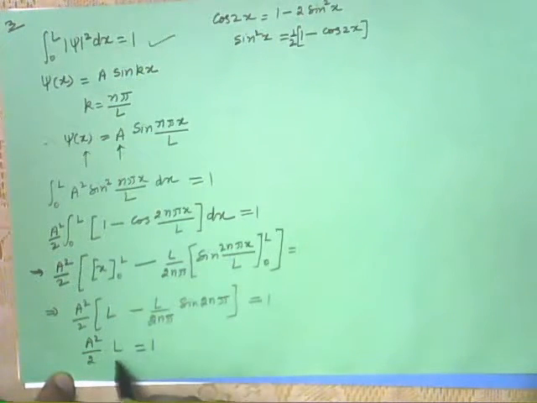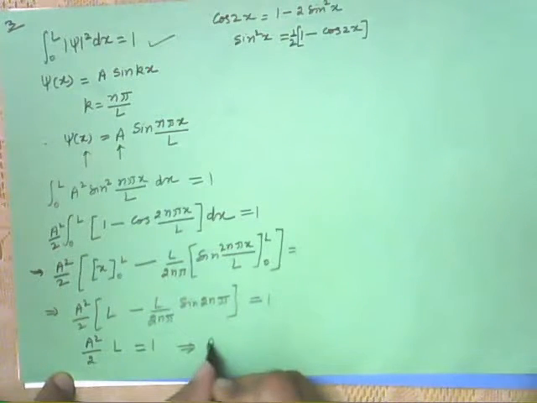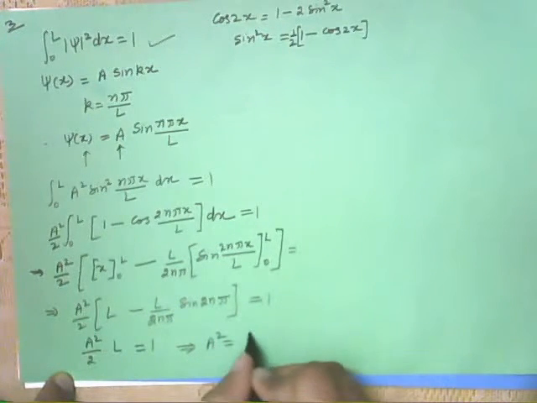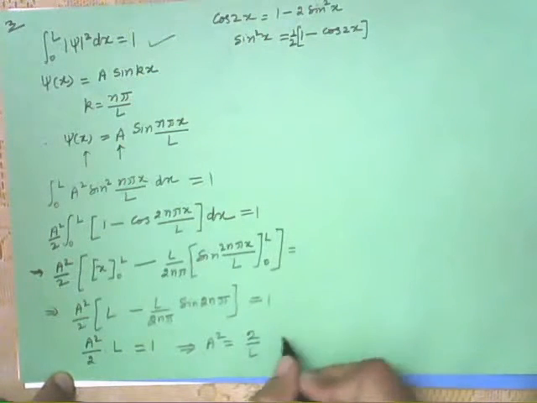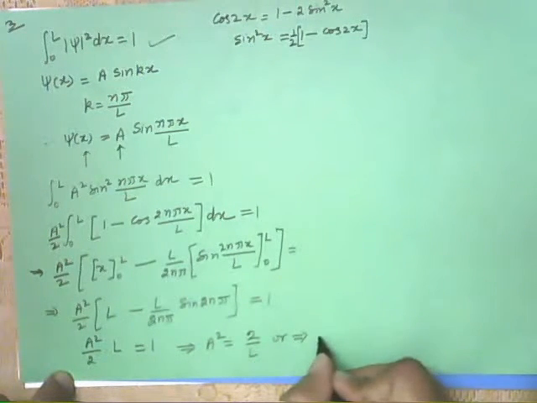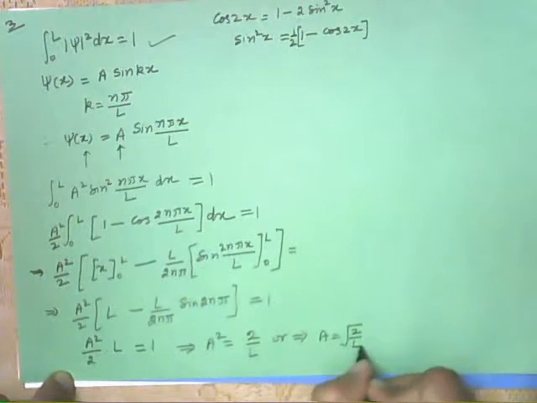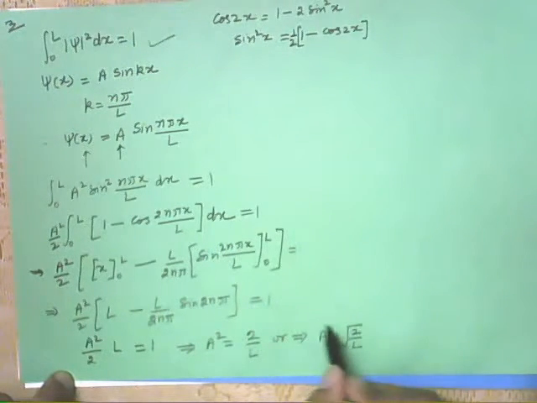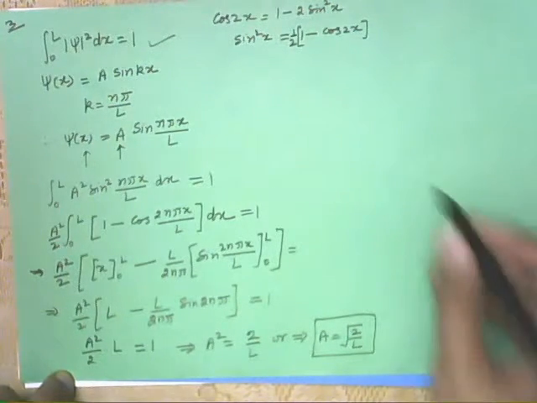So a squared by 2 into L is equal to 1, or you can write a squared is equal to 2 upon L, or a is equal to under root 2 upon L. This is the required result from the normalization condition.